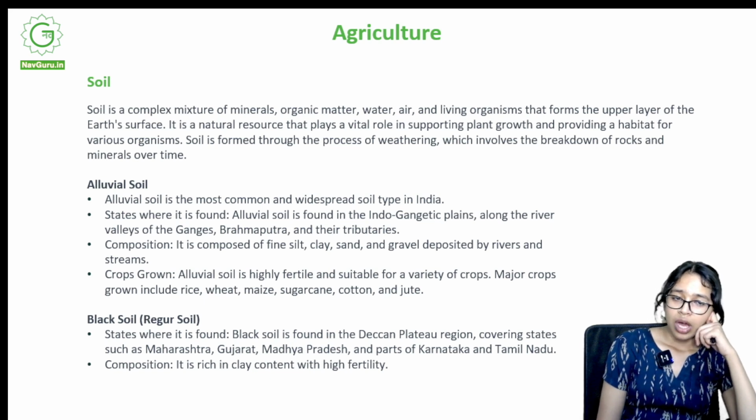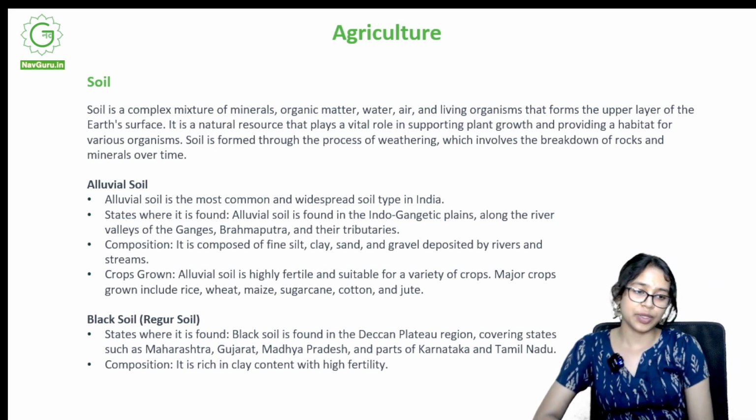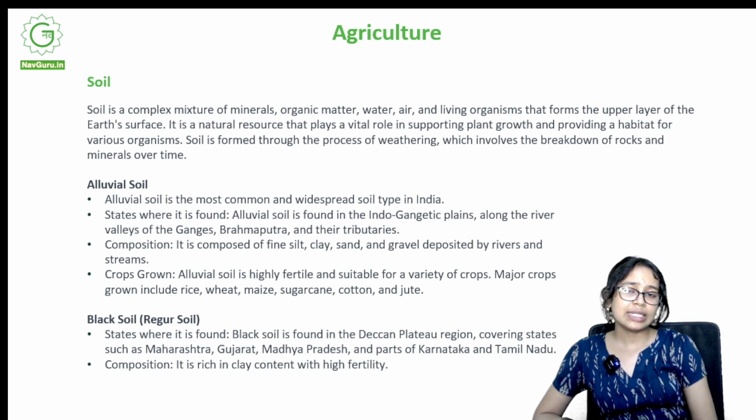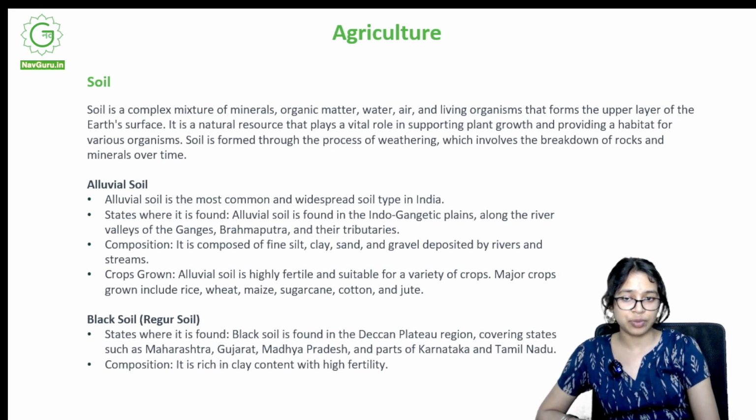Alluvial soil. Alluvial soil is the most common and widespread soil type in India. And the states where it is found: alluvial soil is found in the Indo-Gangetic plains along the river valleys of the Ganges, Brahmaputra and their tributaries.